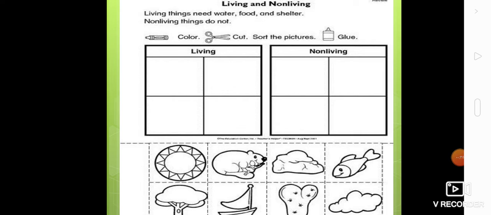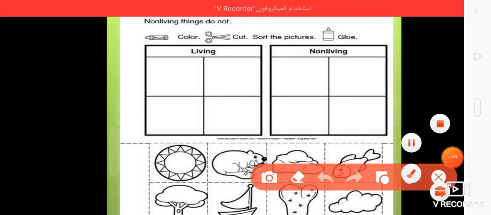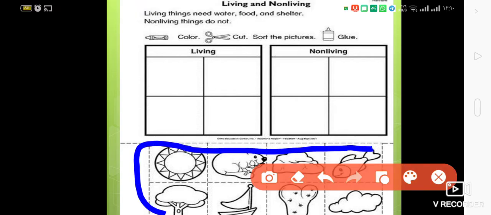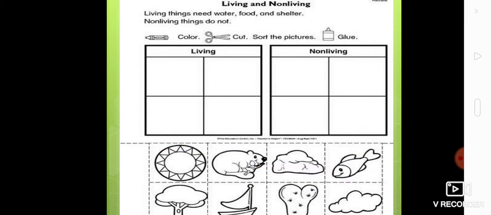Here we have a box, and in this box we need to know what the things are. Here we will choose from this box which of these are living and which are not living. The first one is a pole.